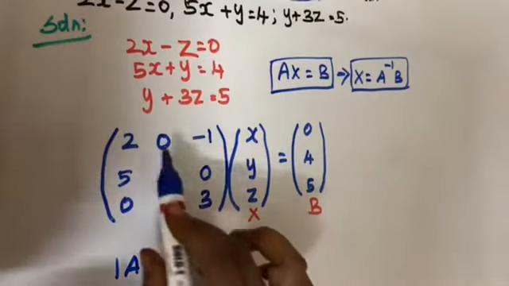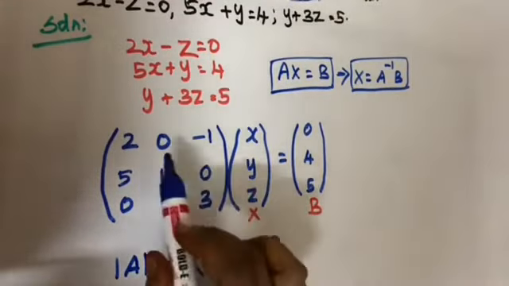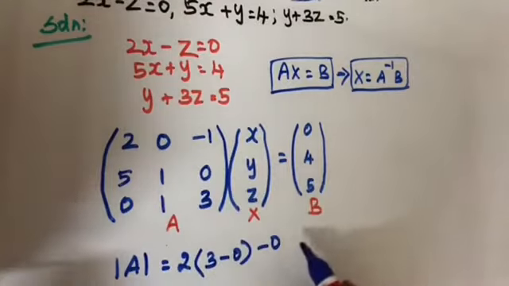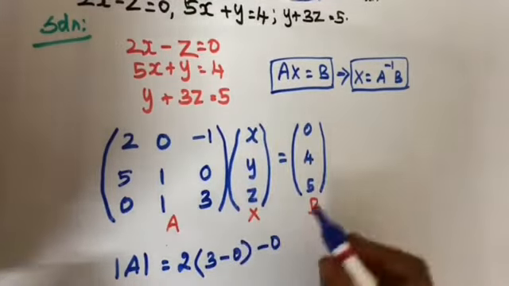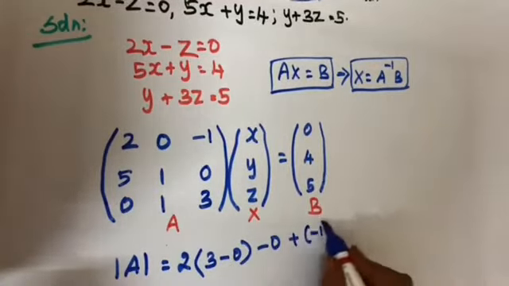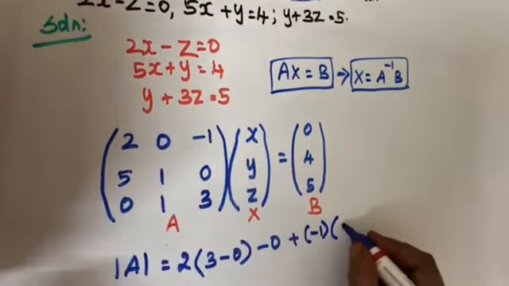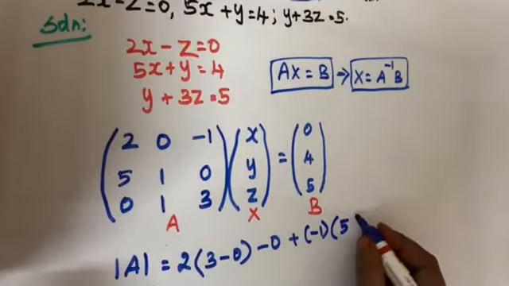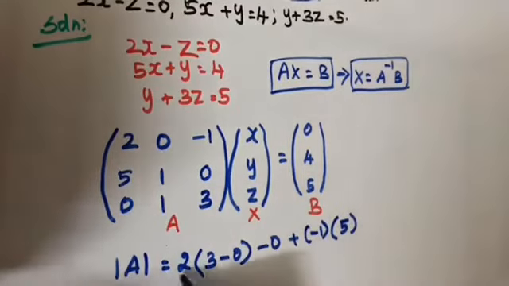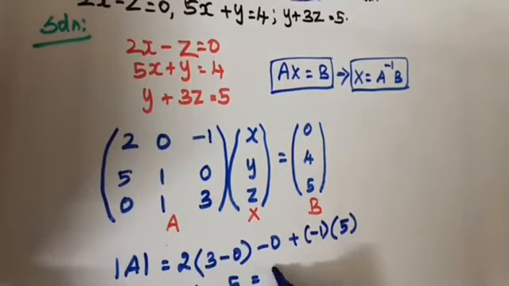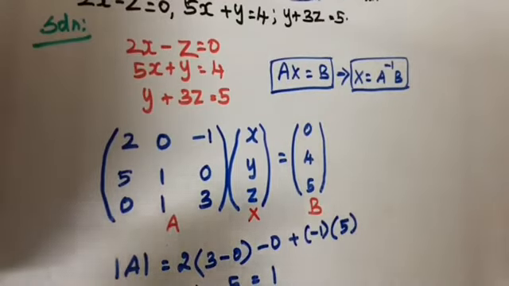So that value must be 0, so we can ignore it, and plus minus 1 into 5 minus 0. So it is 5. It's equal to 6 minus 5, that is equal to 1. So determinant A is equal to 1.